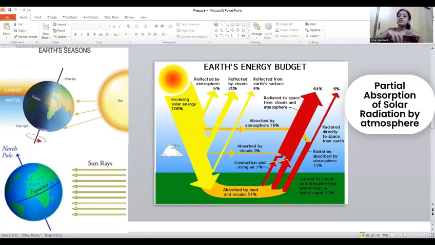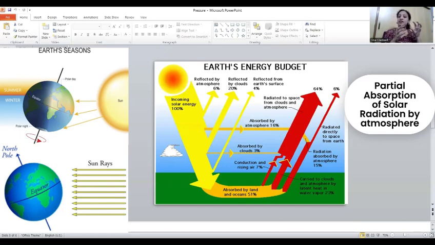And terrestrial radiation is radiation emitted by the earth. You have to know the difference between these three concepts in order to understand the heating and the cooling of the atmosphere better: solar radiation, terrestrial radiation, and the most important one here, insolation.